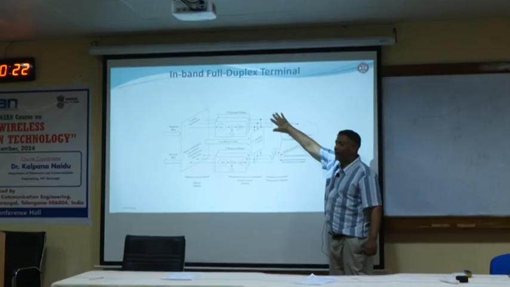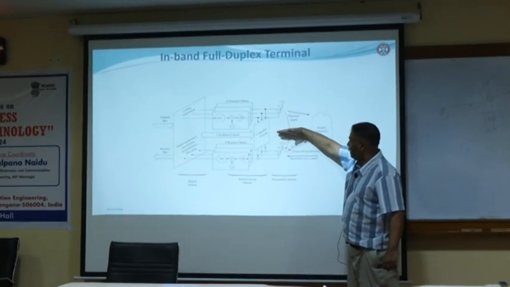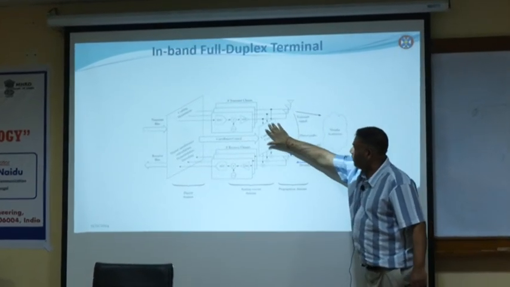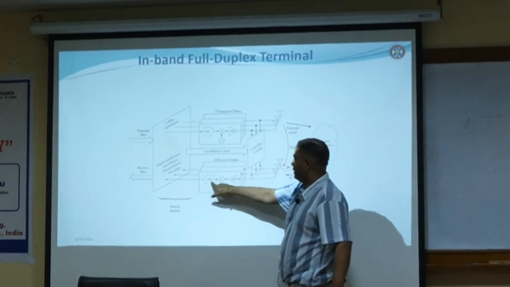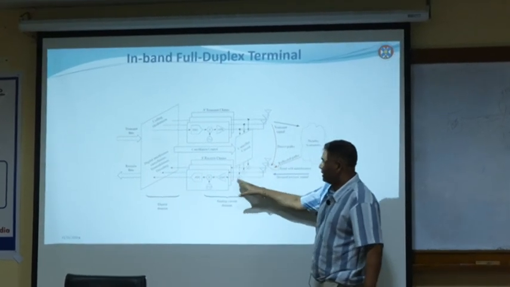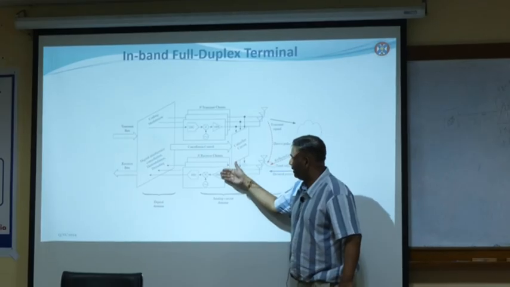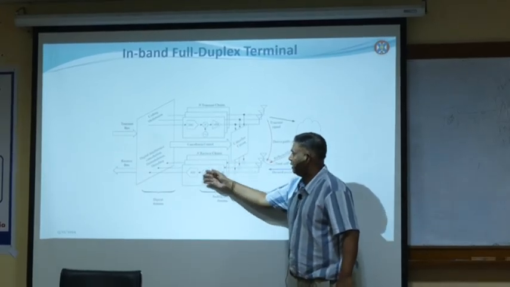We do it in the antenna domain, with some absorption material in between, and with analog cancellation before analog-to-digital conversion, such that the strong self-interference won't saturate this receiver.